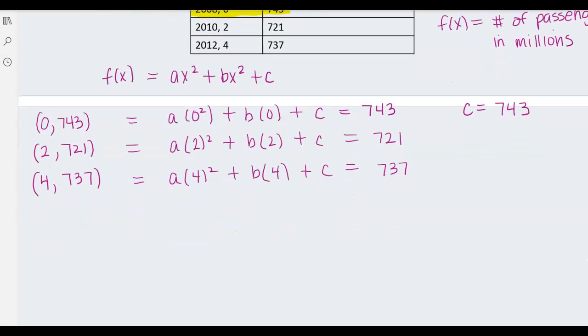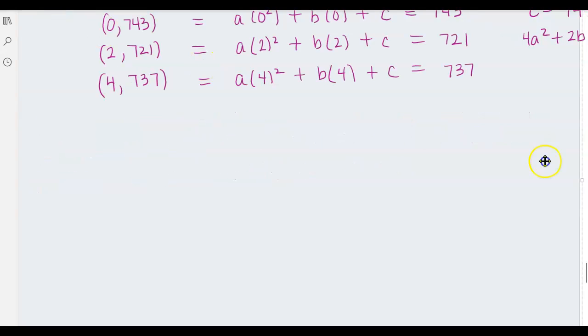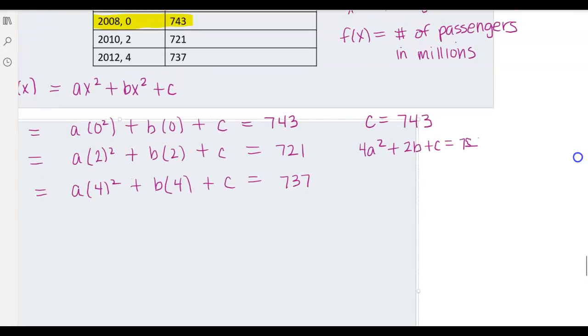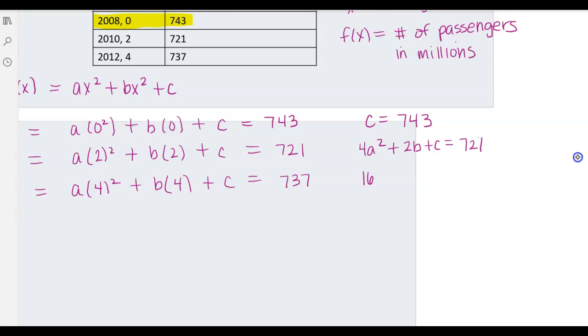Let's rearrange these equations. We've got 4a plus 2b plus c equals 721, and the third equation is 16a plus 4b plus c equals 737.